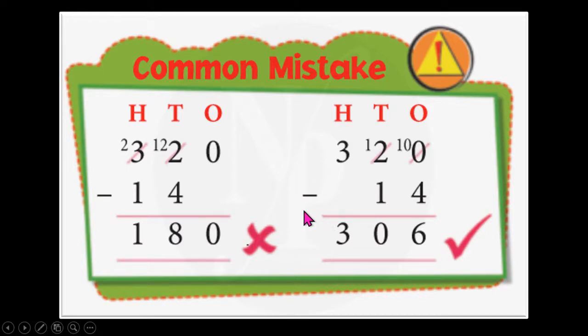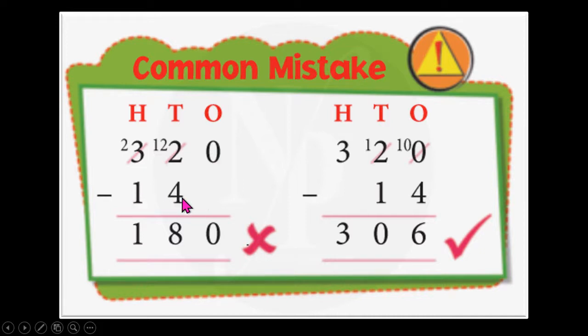So here we have a common mistake we make while writing down or subtracting a 2-digit number from a 3-digit number. As I mentioned earlier, while writing a 2-digit number below a 3-digit number for subtraction, these digits should be written appropriate to their place values.